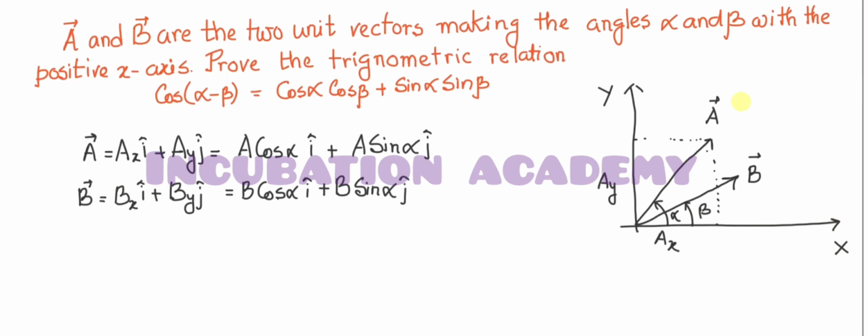So now if I do the dot product, then according to the rule of the dot product, a dot b should be equal to the magnitude of a, the magnitude of b, and after that the cosine of the angle between the a vector and the b vector.